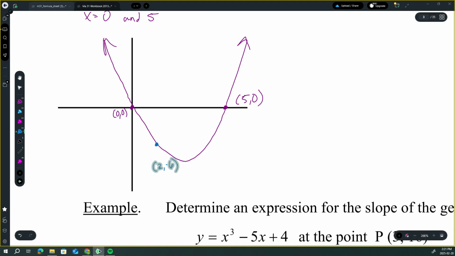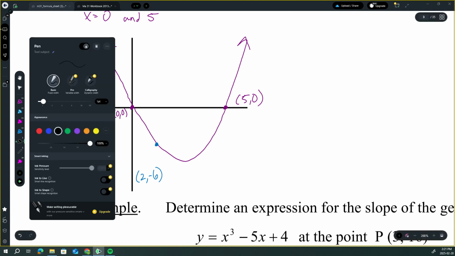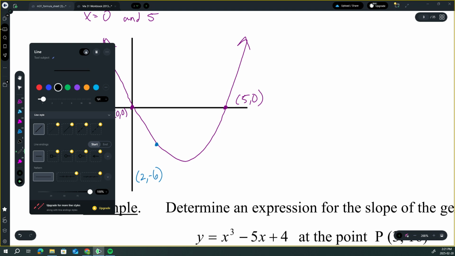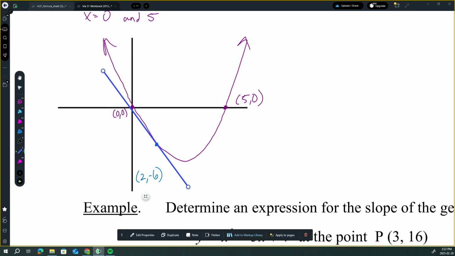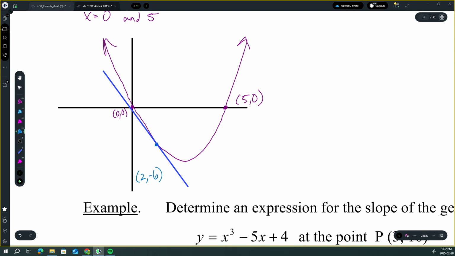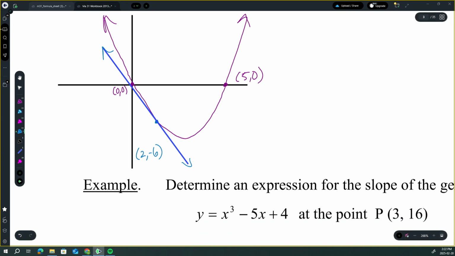And maybe I'll scooch over where I'm talking about my coordinates here. Okay, and then let's just draw that tangent line there. There we go. So there's our tangent line.